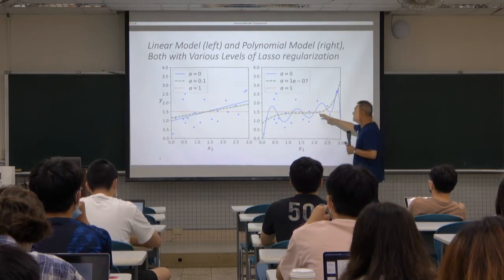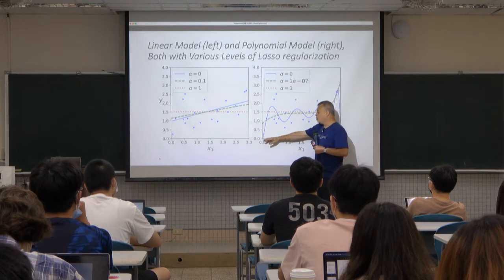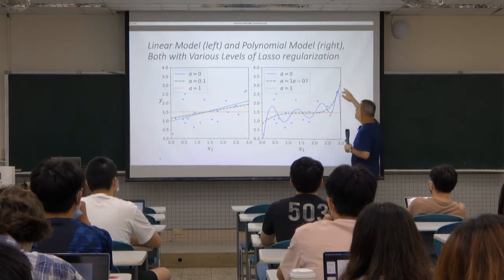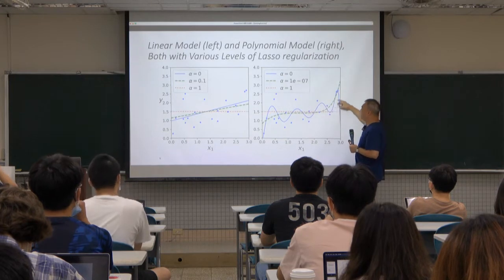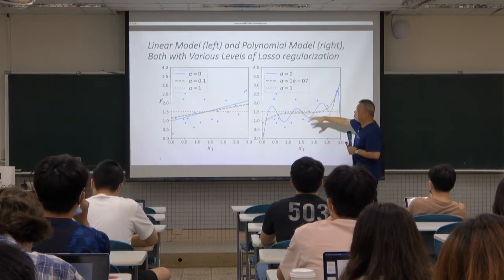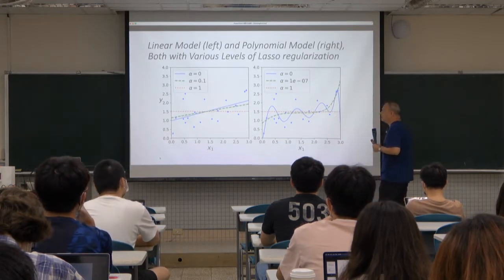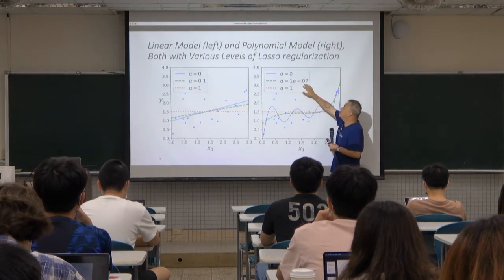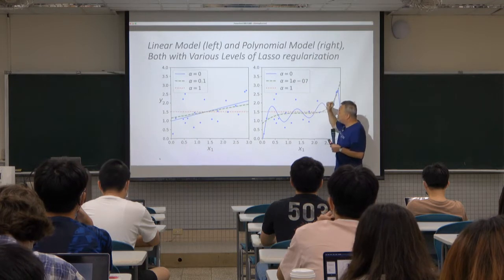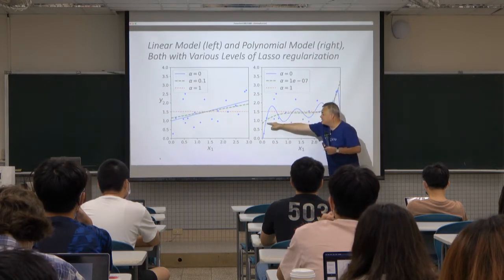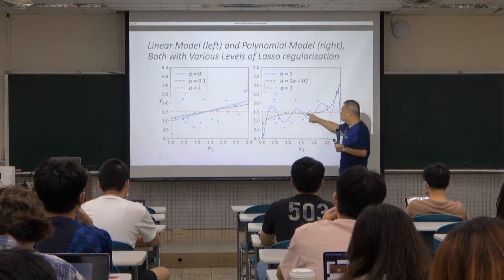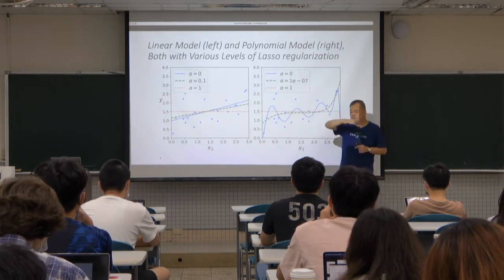Same thing can be said for the polynomial regression. This blue line indicates the polynomial regression when alpha is 0, meaning there's no regularization at all. And when alpha is just 10 to the power of -7, a very tiny value, you can see the curve becomes much smoother.